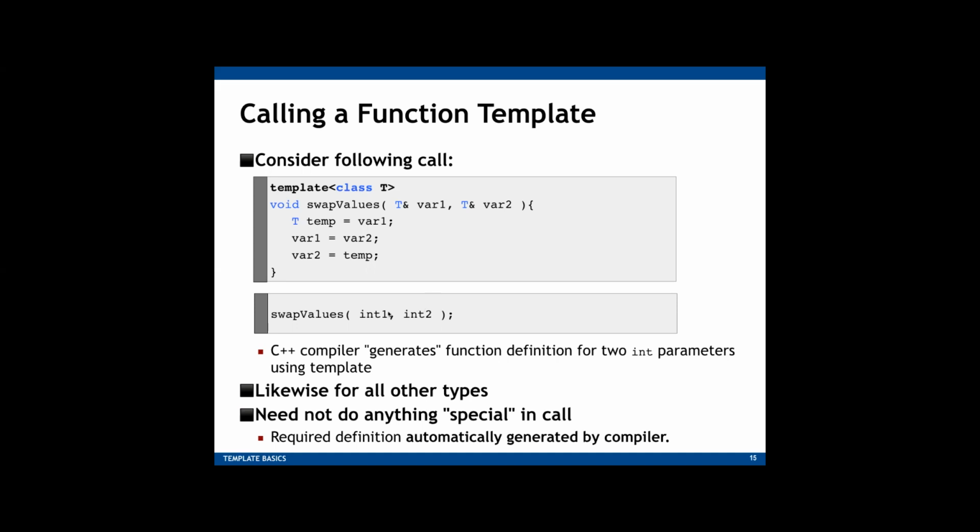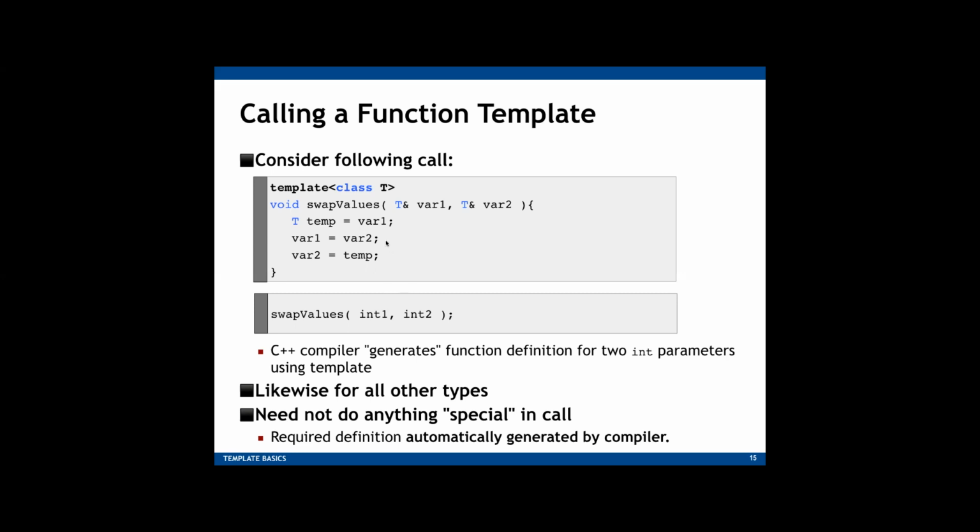If you call the swap value function with other types of values, such as char, then the compiler will also create the function definition of swap values that works with char arguments as well.